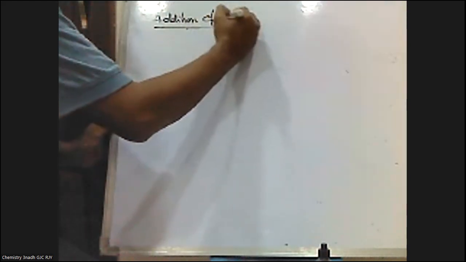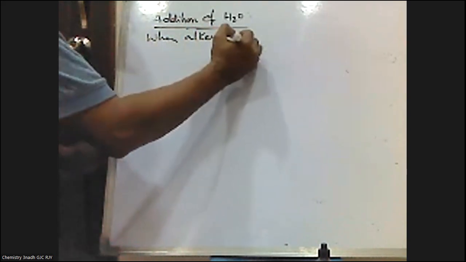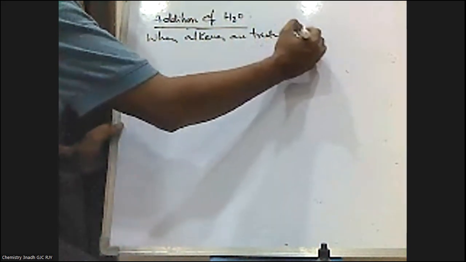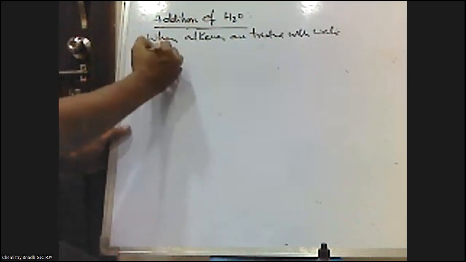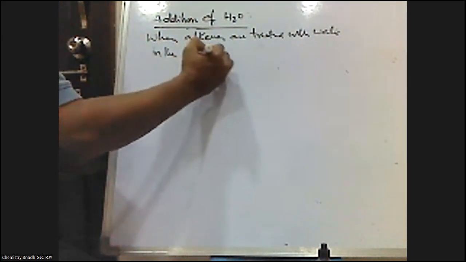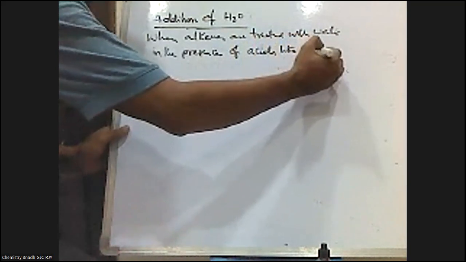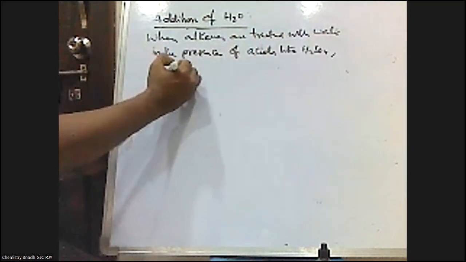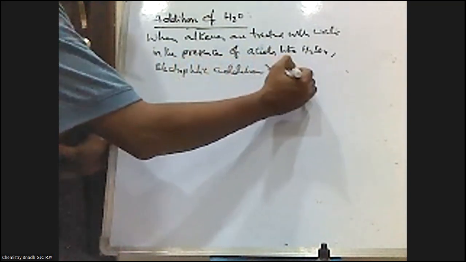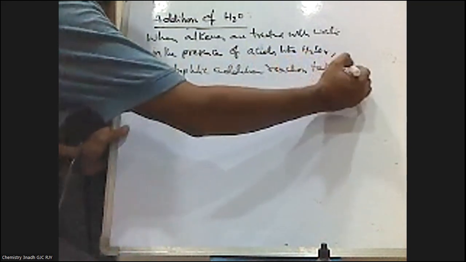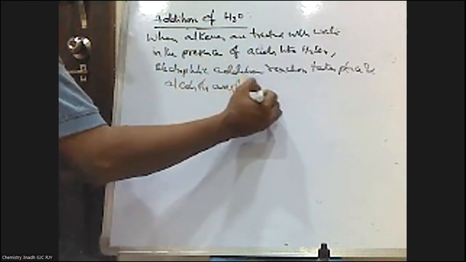Next one is addition of water. When alkenes are treated with water in the presence of acids like H2SO4, here also electrophilic addition reaction takes place and alcohols are formed.